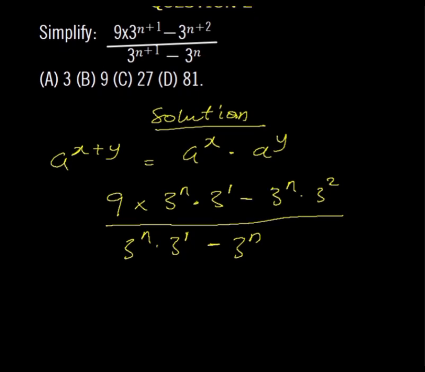If you observe closely, we have a common factor here and also here, and that common factor is 3 raised to power n. That means we can factorize.